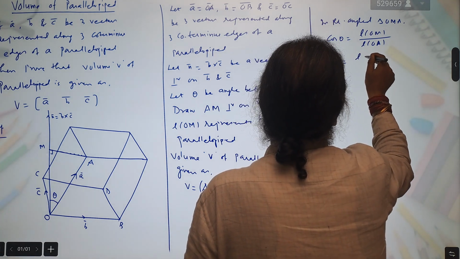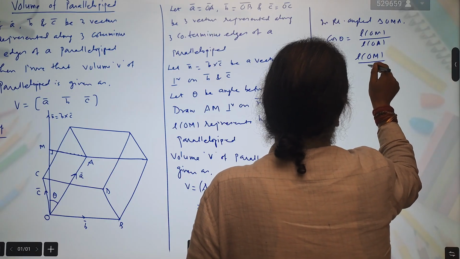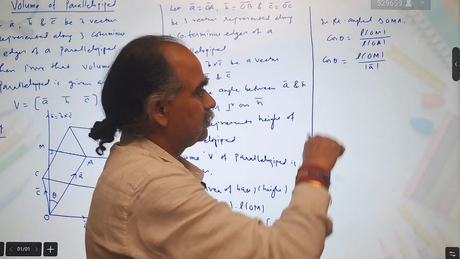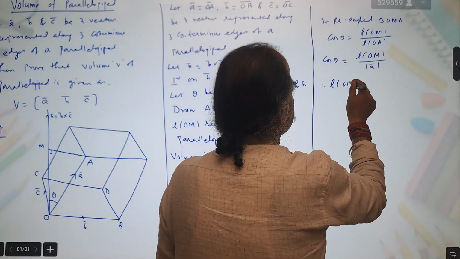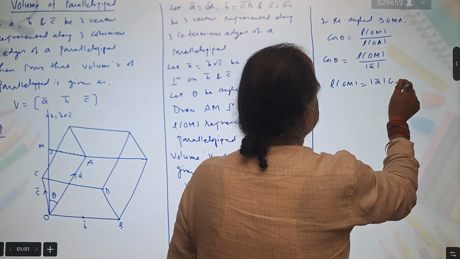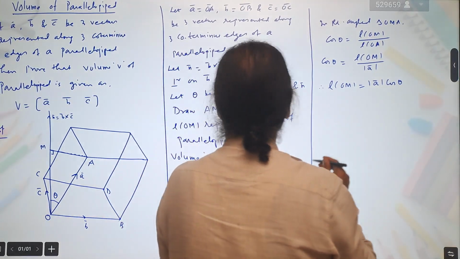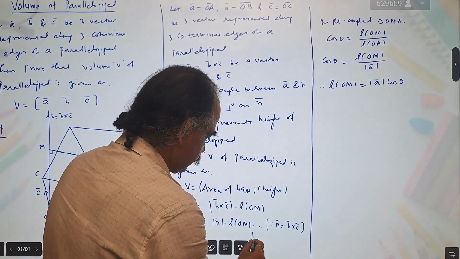Cos theta is equal to length OM upon length OA, which is nothing but mod A bar. Cross multiply. So length OM is mod A bar cos theta. So write this as equation number 1.